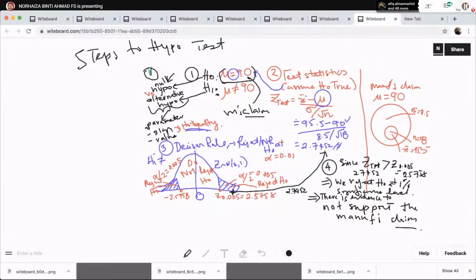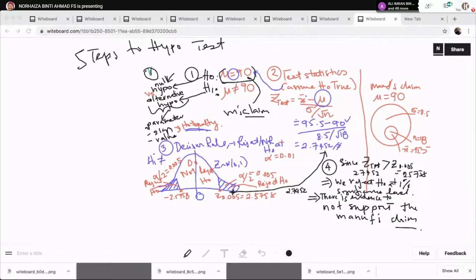So let's say I want to test sigma equals 90, then I cannot use a Z test. What should I use then? Suppose my H naught is sigma equals 90, and H1 is sigma not equal to 90.